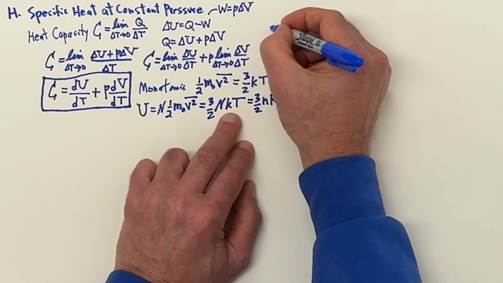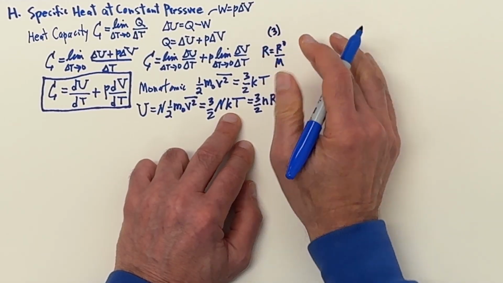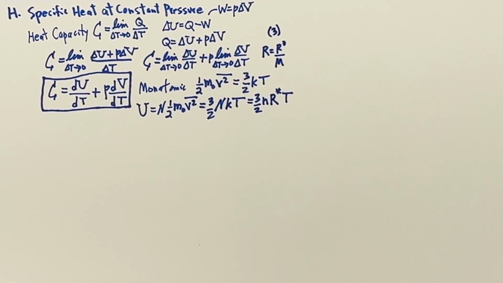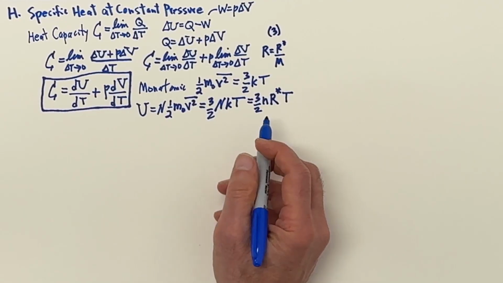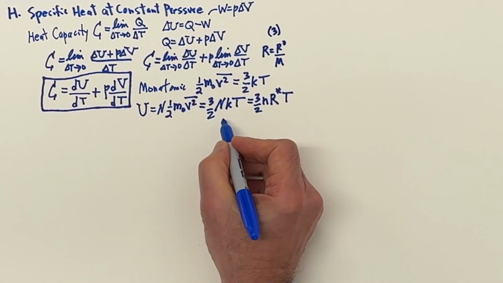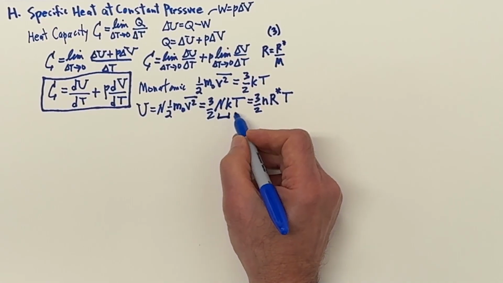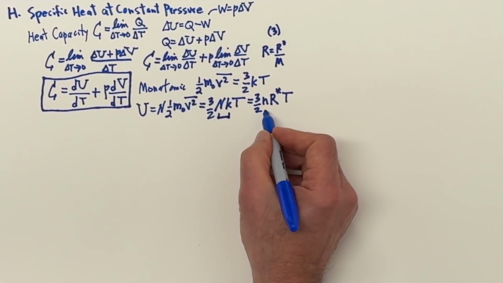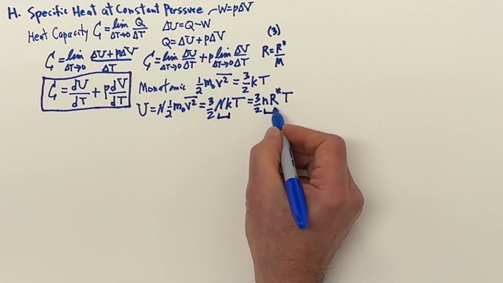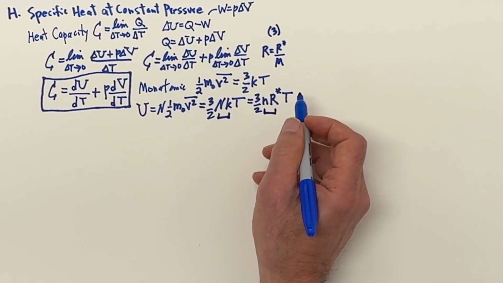And this dates back to our equation 3. We're deriving about 30 equations in this course leading up to our big derivation of the adiabatic lapse rate. So just to keep that in mind, that N times k, where N is number of particles and k is the Boltzmann constant, is equal to the number of moles times the ideal gas constant.